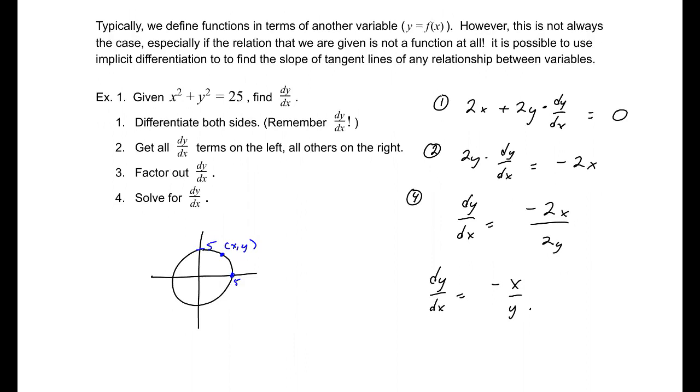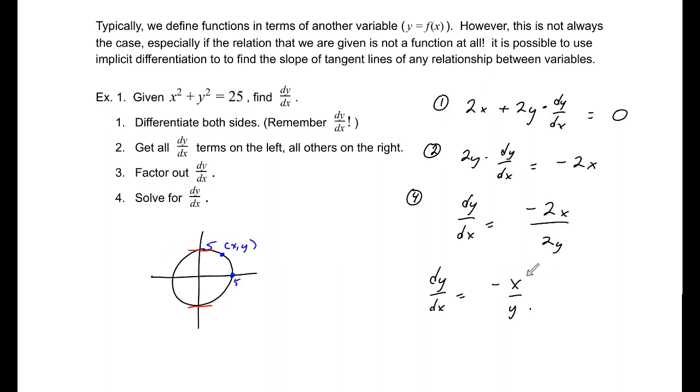So suppose I want to know where the slope on this graph is 0, where there's a horizontal tangent line. Well, there are two places. One is at the points 0, 5 and 0, negative 5. Well, if you look at our equation, that is simply whenever x is 0.